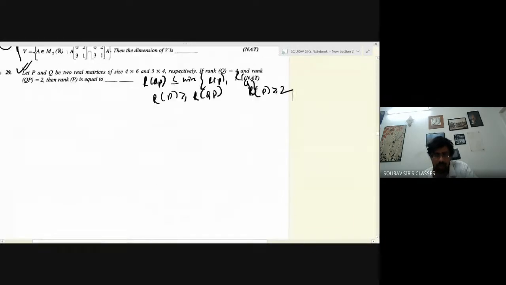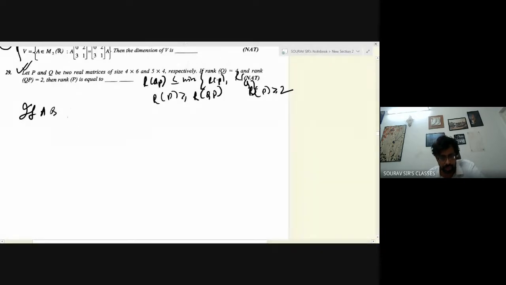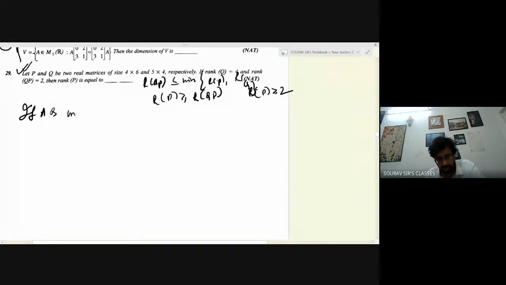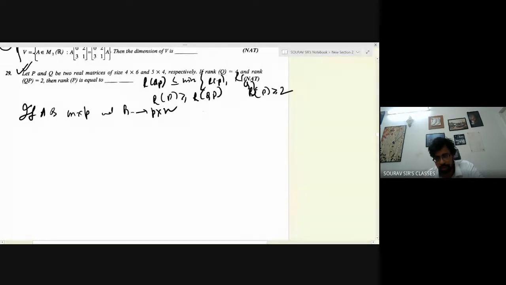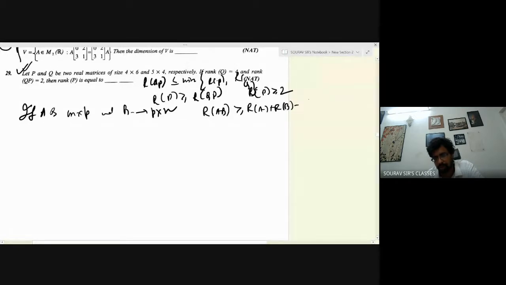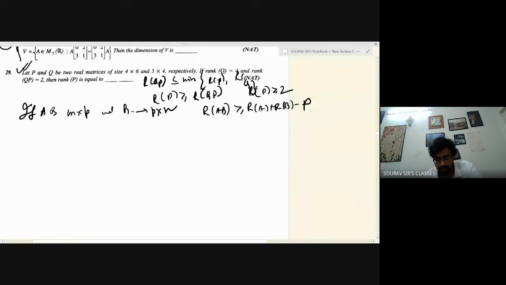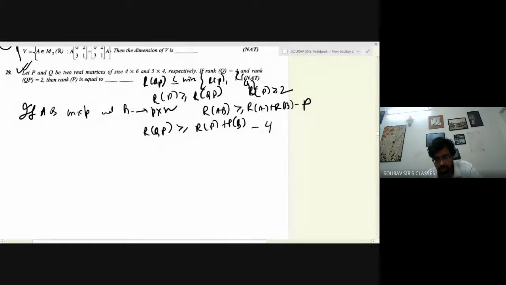Now if A is an M cross P matrix and B is a P cross N matrix, then rank of AB is greater than or equal to rank of A plus rank of B minus P. So rank of QP is greater than or equal to rank of P plus rank of Q minus 4.